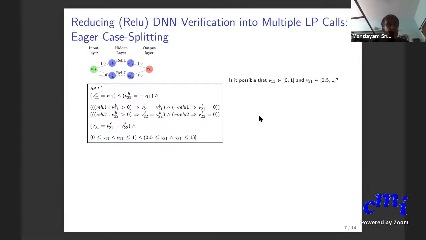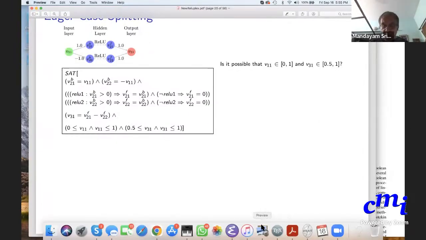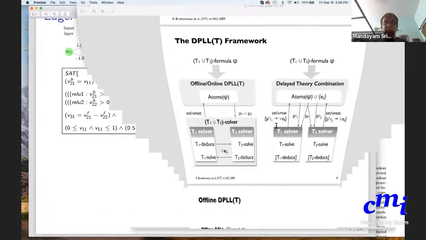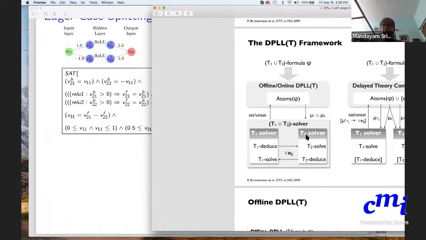So just to give you the context, remember that I showed you this. One way is to just throw these formulas into an SMT solver, which uses an LP solver and takes care of all the Boolean combinations, in the way that I showed you.